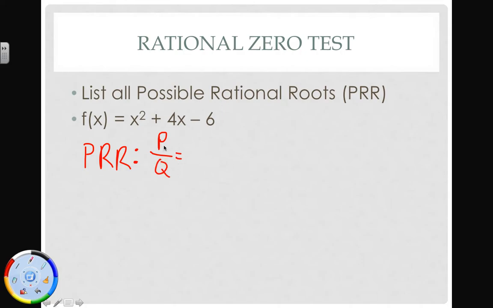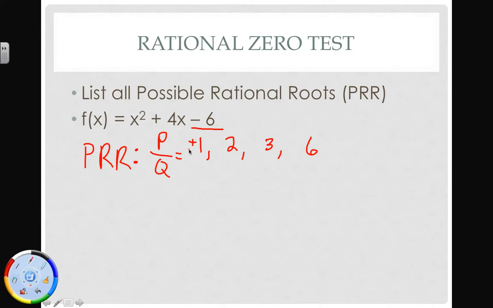Now, p is, from the last page there, all of the factors of -6. Everything that goes into -6 evenly. So we know it's 1, 2, 3, and 6. Now, it's not just the positive versions.